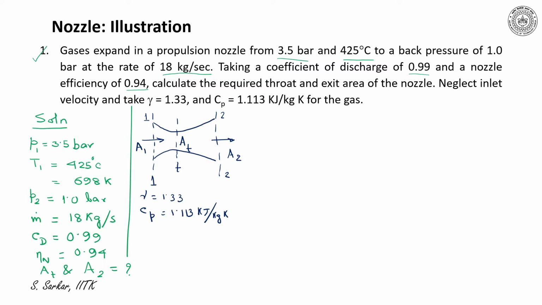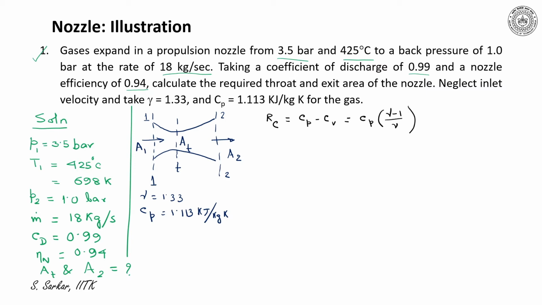Right? So I can evaluate our characteristic gas constant as Cp minus Cv. That can be written as Cp into gamma minus 1 by gamma.